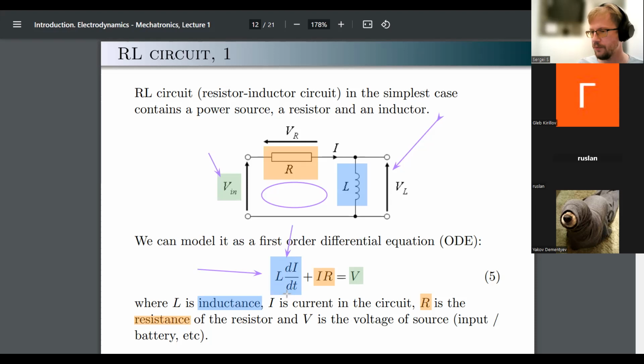We get I, differentiate I, multiply it by L. There are easier ways to do it, of course. If you know I, we could always just take V minus IR, and we get this term.